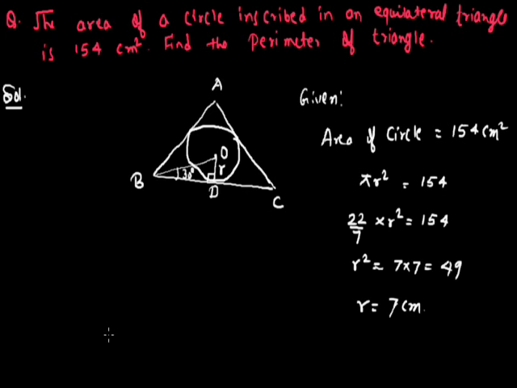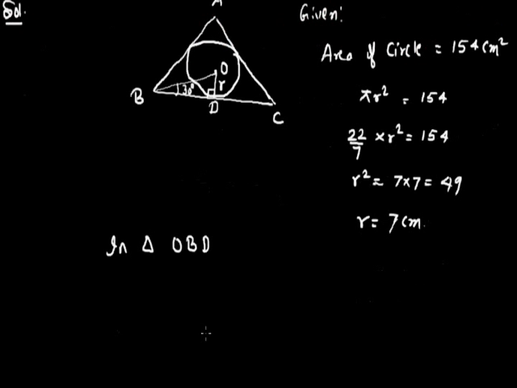Now by using trigonometry, in triangle OBD, we can take tangent theta, or tangent 30, this will be equal to r upon BD. Now tangent 30 is equal to 1 by root 3.